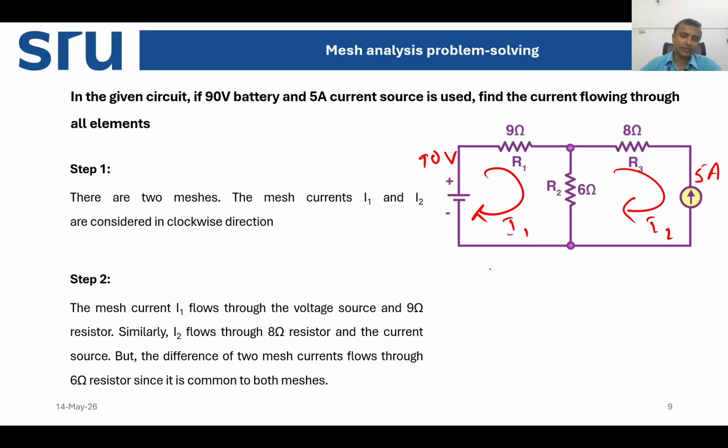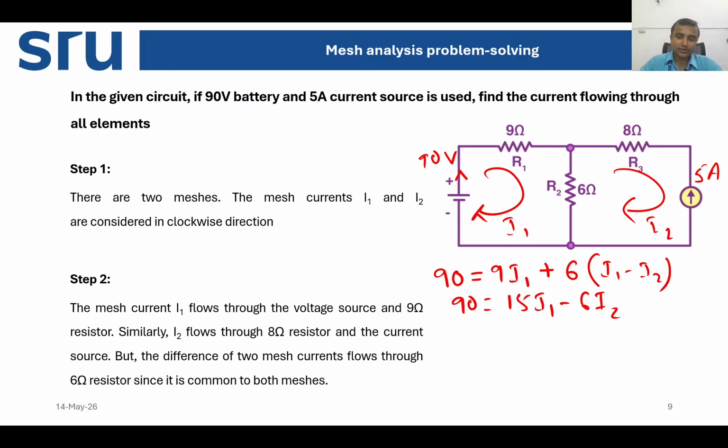On the left hand side, the current is coming out of the positive terminal of the voltage source, so 90 volts is positive. It is equal to 90 times I1 plus 6 into I1 minus I2, which gives 15 I1 minus 6 I2 equals 90. Equation number 1.